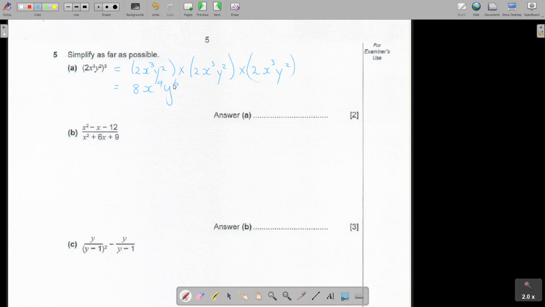Okay, so otherwise, the short way, you would have said that exponent is 1. So 2 to the power 1 times 3, not with the base. Exponent will multiply exponent. And then x, 3 times 3 is 9. And then y, 2 times 3, and that's 6.